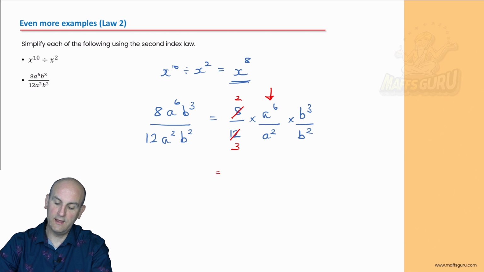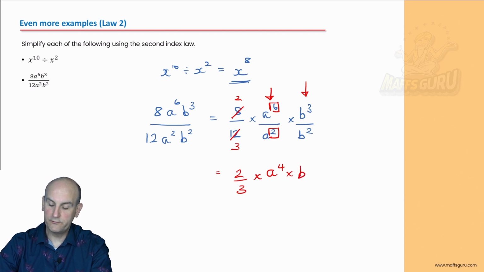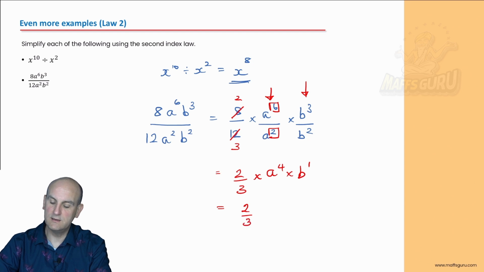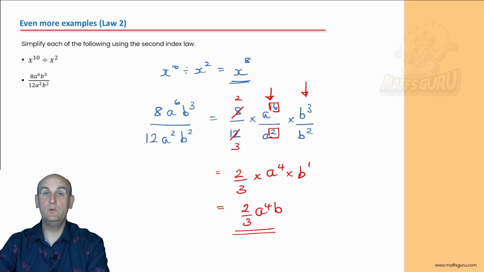So we now know that that becomes 2 on 3 times a to the power of 4, because 6 minus 2 gives me the 4. And this one here is going to be times b to the power of 3 minus 2, which is 1, so b to the power of 1. Now to simplify this all together, we just times it all back. So we have 2/3 a to the power of 4 and b. That is certainly one way of being able to do it. There are other ways of doing it.